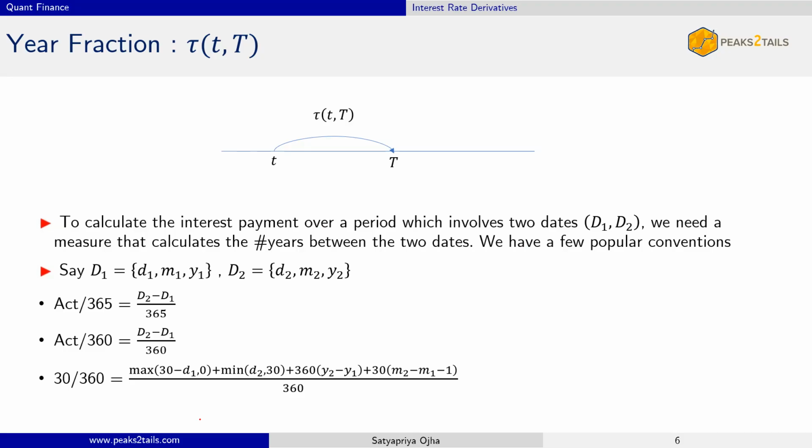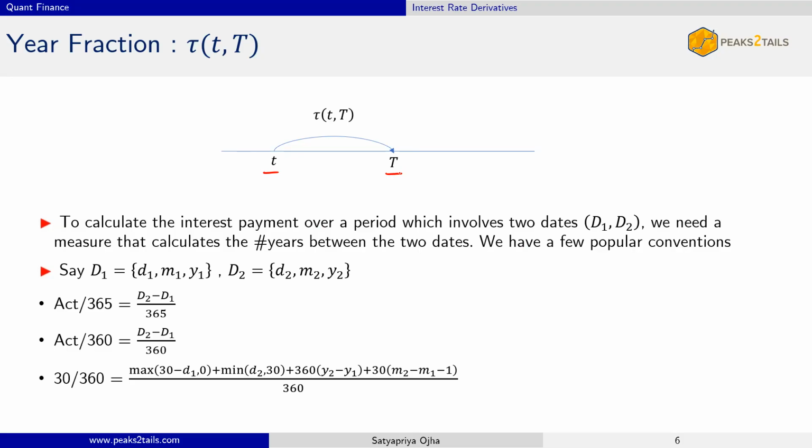So when the length of period is dynamic, you need a measure to find the time period in terms of years. Between any two time instances, I need to find out the distance between these two instances in terms of years. Why? Because your rate is per year. Your rate is per year.